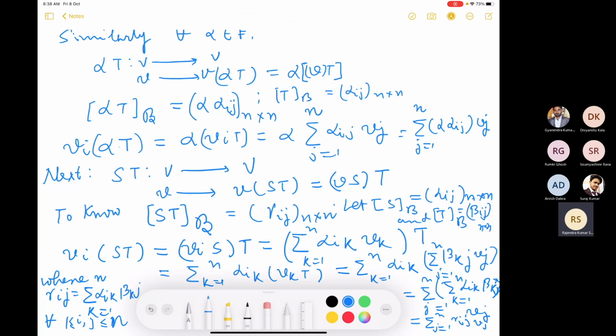Now what we have seen already, these observations can help us if we want to look at the set of matrices. So these properties of the linear transformations can be seen helping us in framing the properties of the matrices.